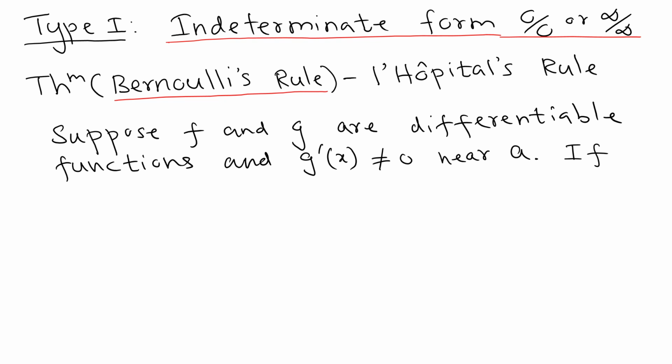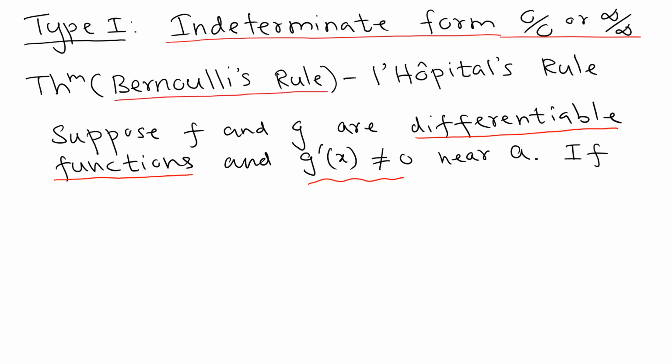It says, suppose f and g are differentiable functions. You have two functions that you can differentiate because you try to take the derivative. And g prime of x is not equal to 0, since that is what is in the denominator, so you make sure it's not equal to 0 near a. We don't worry about what happens at a. Near a, it should be differentiable and shouldn't be equal to 0.